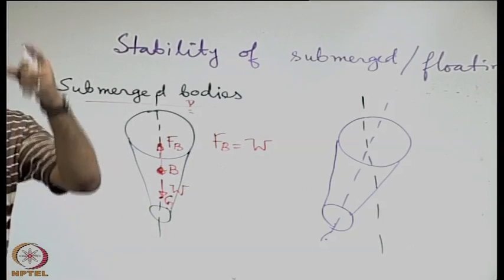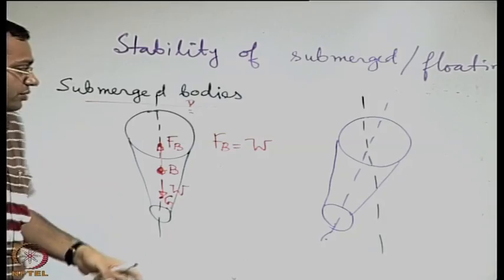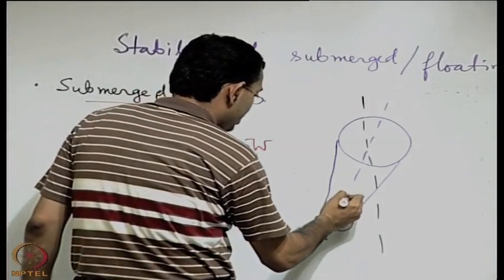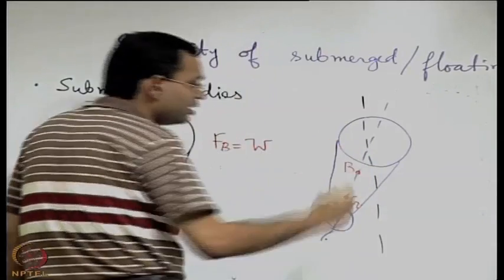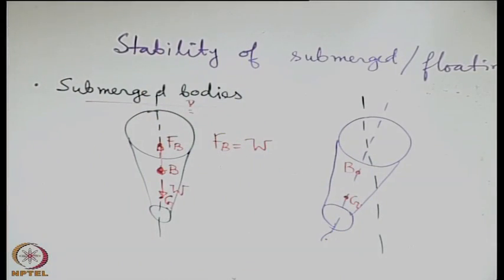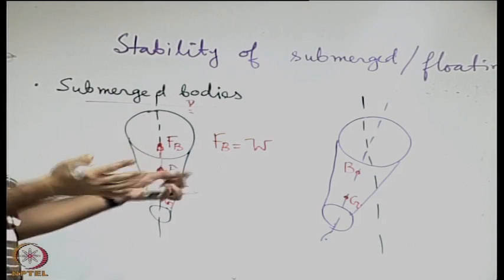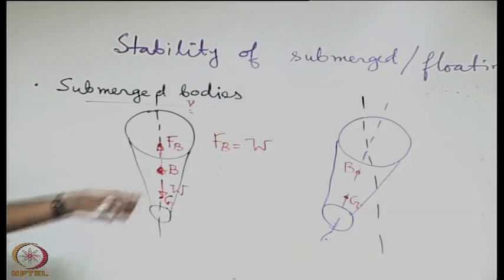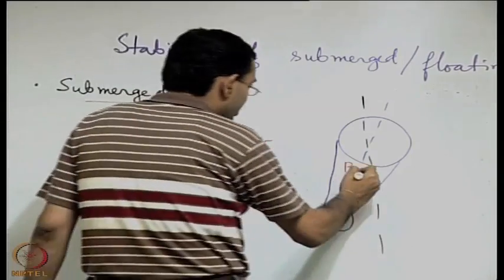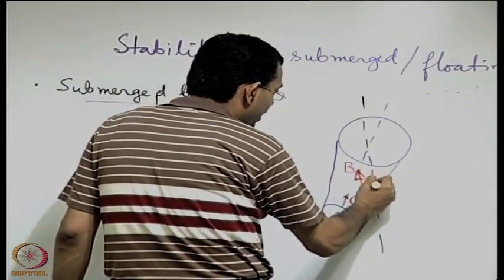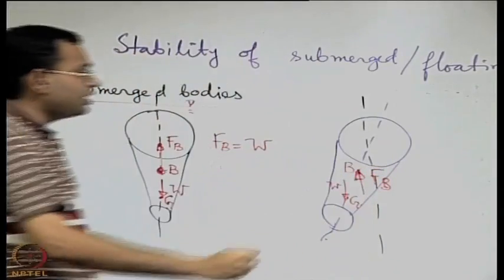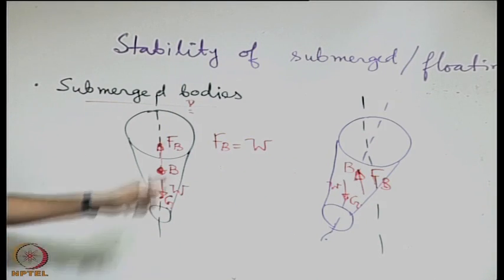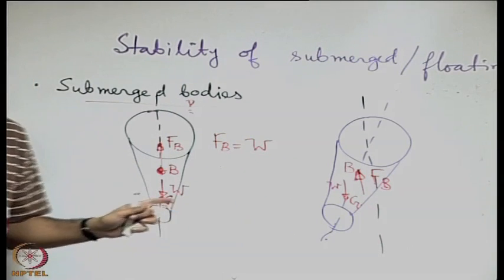So this still remains as G, and this still remains as B, because it is totally within the fluid. Its volume distribution and its mass distribution do not change. So you have Fb acting like this, and W acting like this. The only thing that has changed is that Fb and W are no more collinear.